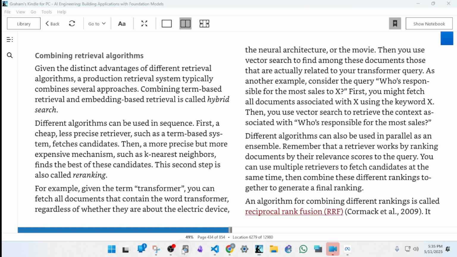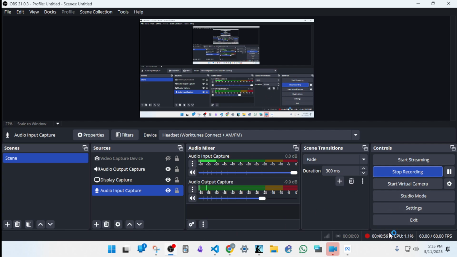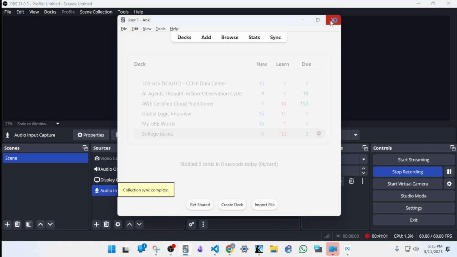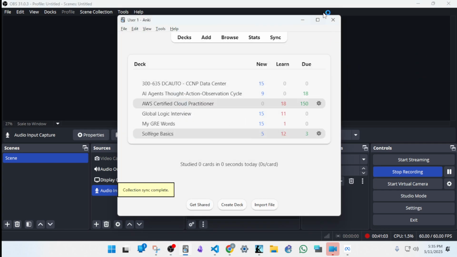All right, let's take a look at the clock. 40 minutes. You know what? I think I'm good with that. Yeah, I need to get out of VR.